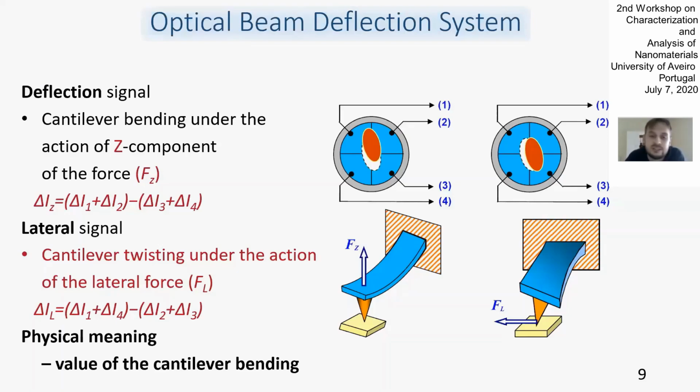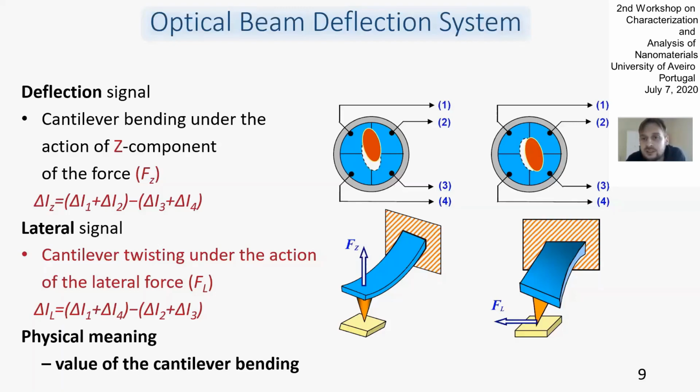It means that the cantilever has different modes of bending: bending, twisting or buckling. In order to register this shifting, we usually create electric signals. One is the deflection signal, which can be described by the formula you see on the slide, and we also have a lateral signal described by another formula.